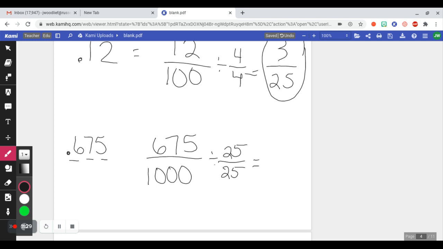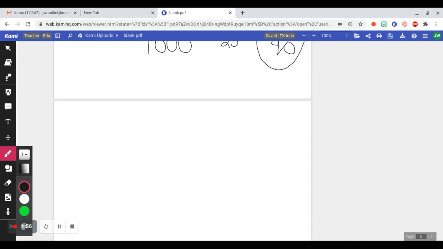So that's going to be 27, and then 25 will go into $10 40 times. So there would be my reduced fraction. If you didn't know that, you might have to divide by 5 a time or two to get down to the same outcome.